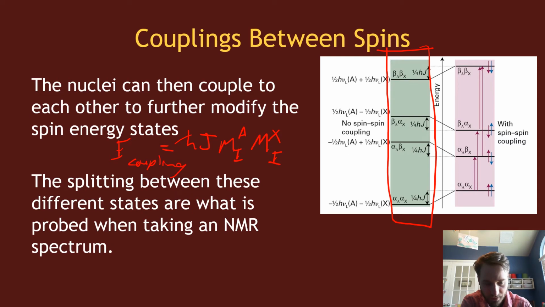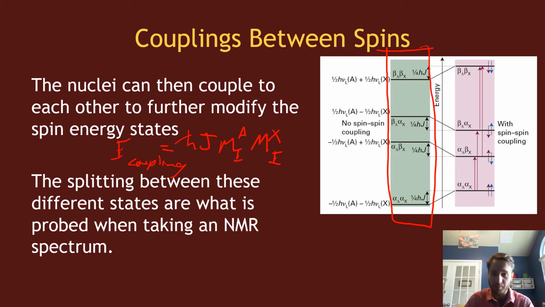It is related with the spin on atom A and the spin on atom X, and then just some coupling J, some strength of coupling between those.